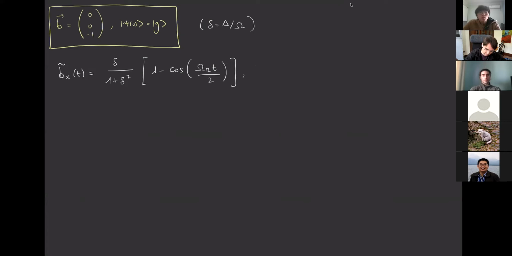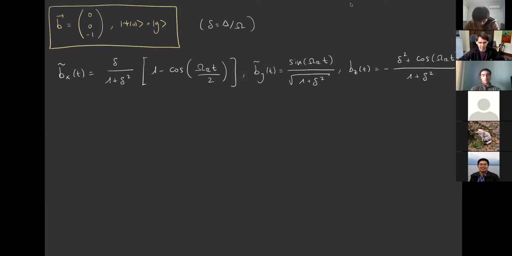So this is Bx, then we have By, which is the sine, and then finally we have Bz, which is delta squared, with a minus, so minus delta squared plus the cosine, over 1 plus delta squared. So this is the solution in this limit in which the initial condition is the ground state.